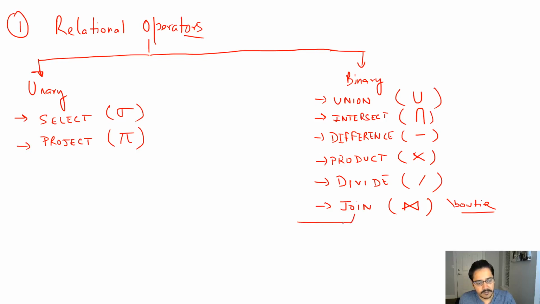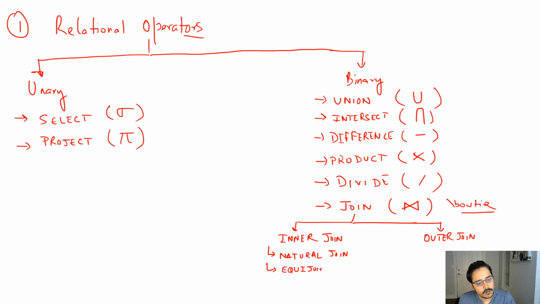Then there are different forms of join. One is known as the inner join operation, and the other one is known as the outer join. In the inner join, you again have many different types of join operation: the natural join, equijoin, and then theta join.